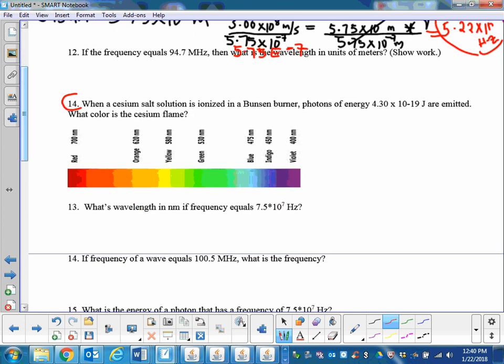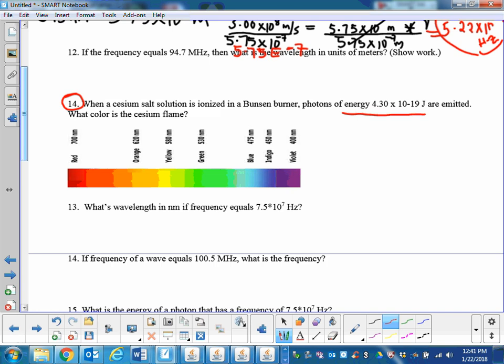In number 14, what is given to you? What value is given? Energy. If energy is given, which equation will you use first? E equals h nu.